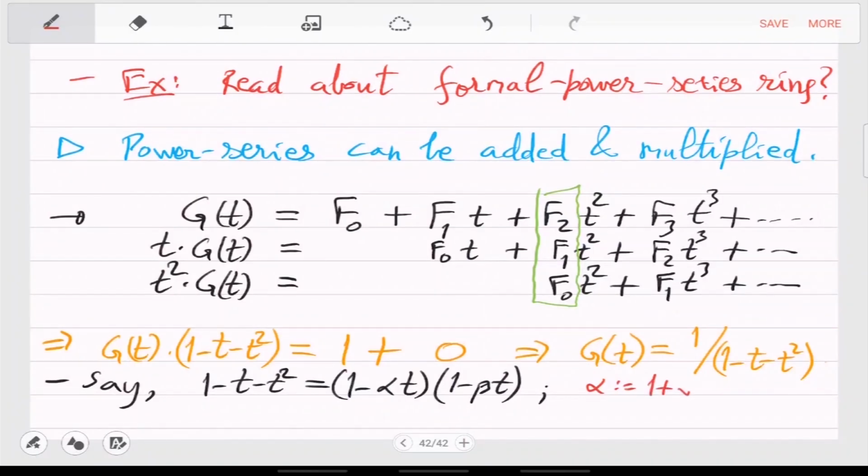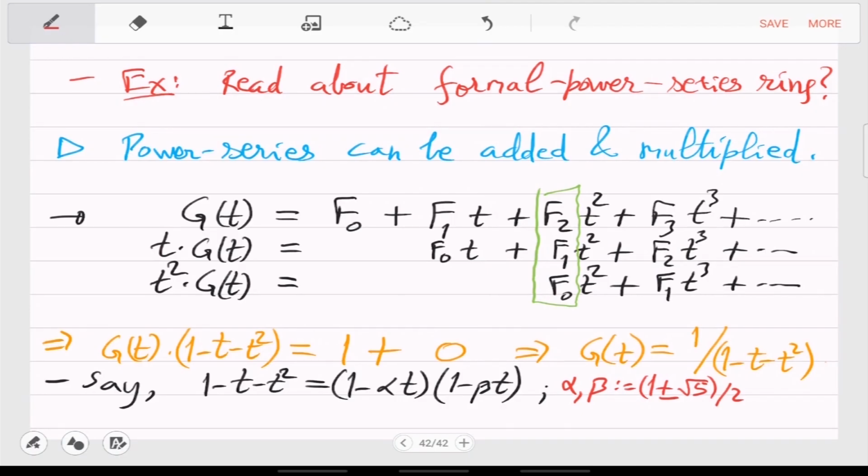You can check that. Alpha is (1 plus square root 5) by 2 and beta is (1 minus square root 5) by 2. Is that correct? Okay. So assuming that this is correct, you do your calculation and check that this is correct.